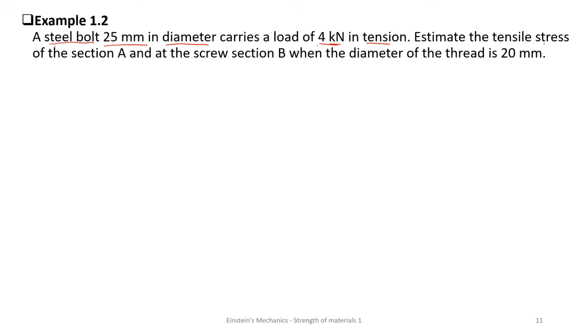Estimate the tensile stress at section A and at the screw section B when the diameter of the thread is 20 millimeters. Here we have to pay attention. They gave us 2 diameters. First at section A, so I'm solving at section A.